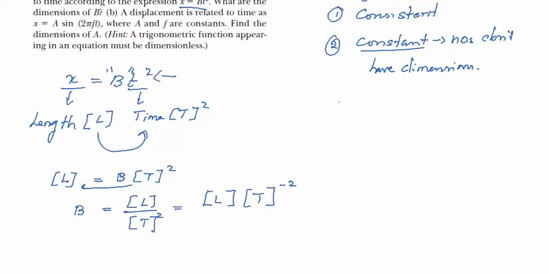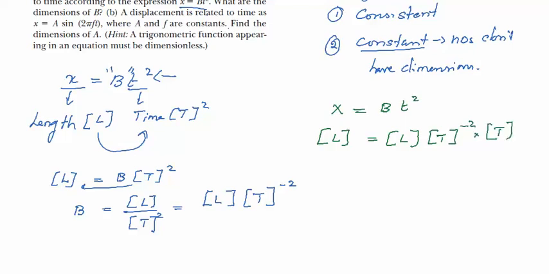Let's check whether this is true. So you have x equal to b t squared. x has a dimension of length, and b has a dimension of L times t to the power minus 2, times t squared.